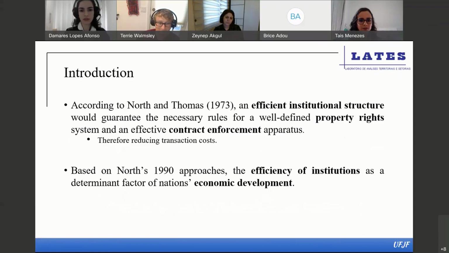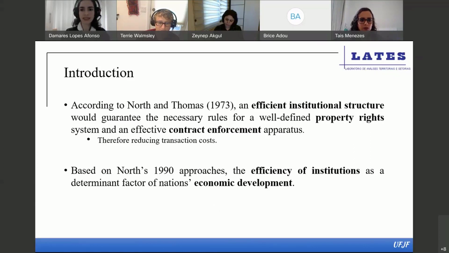According to North and Thomas, an efficient institutional structure would guarantee the necessary rules for a well-defined property rights system and an effective contract enforcement apparatus, which could reduce transaction costs in the economy. Based on North's approach, the efficiency of institutions is seen as a determining factor of nations' economic development.